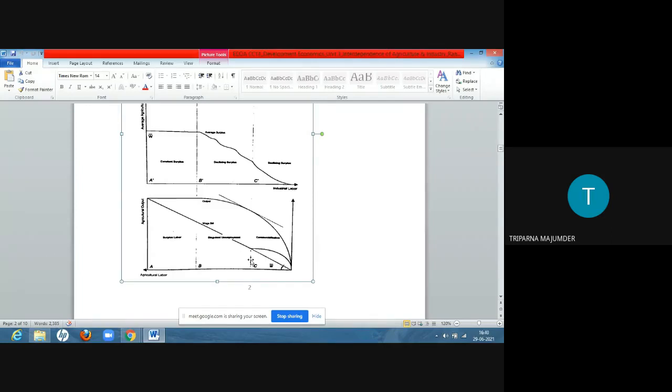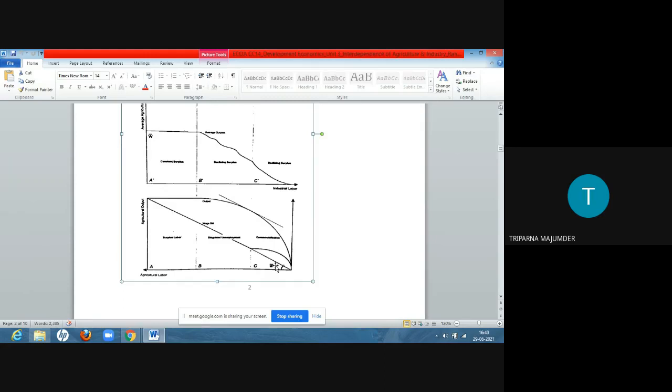hiring labor. This leads to a rise in agricultural wages. The wage bill falls more slowly than it did before along the diagonal line. It now traces the curve after C, where wages rise as the agricultural labor force decreases.